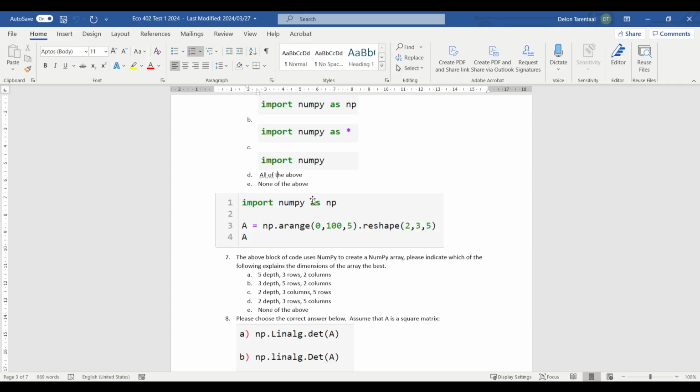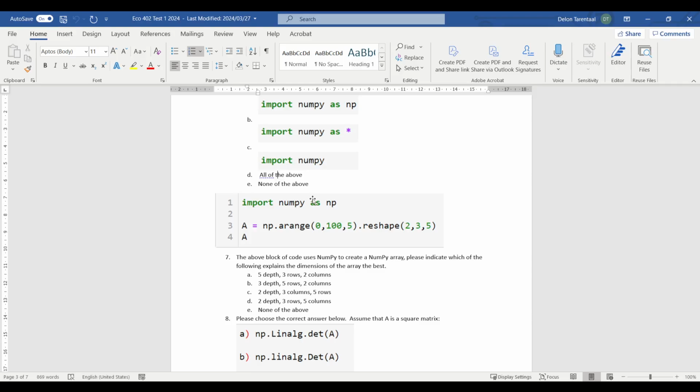But you have an answer. If we just focus on reshape, that is a depth of 2, which means 2 faces, 3 rows, 5 columns. So technically D is correct, but it's not.